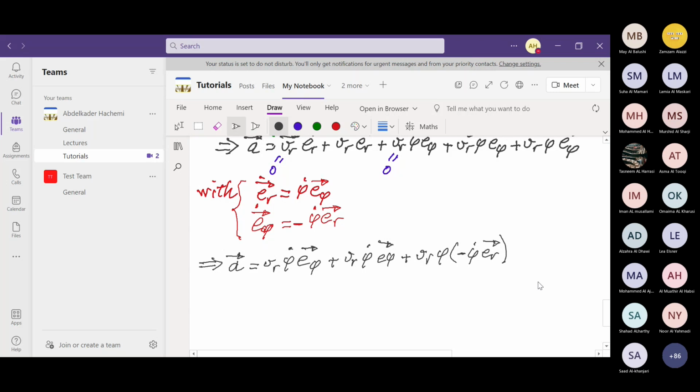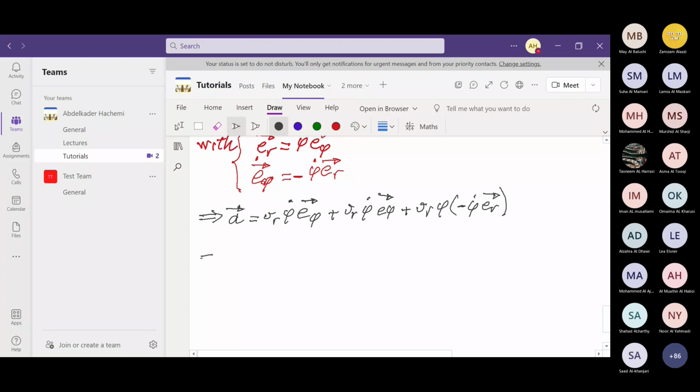Now, if we look here, it returned back, this is the problem.